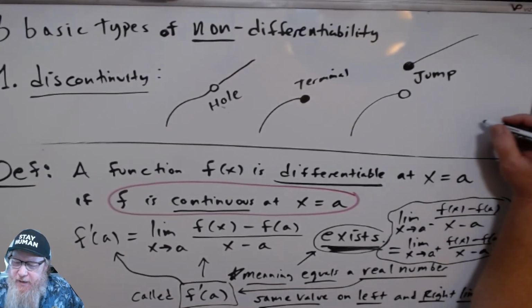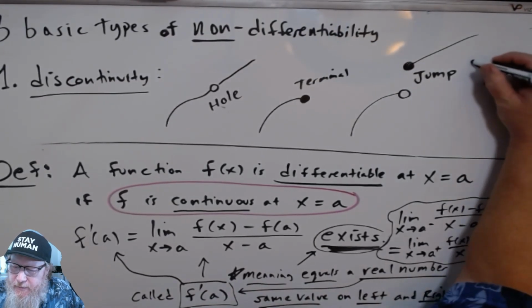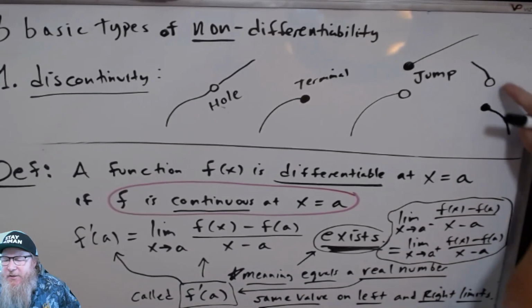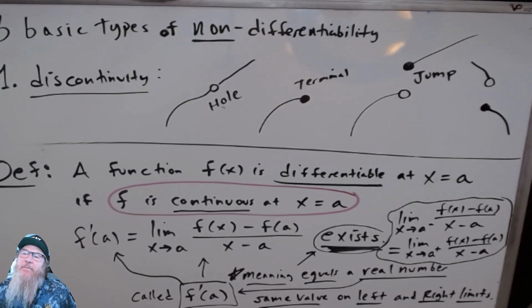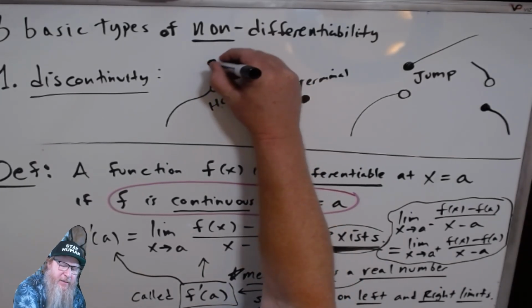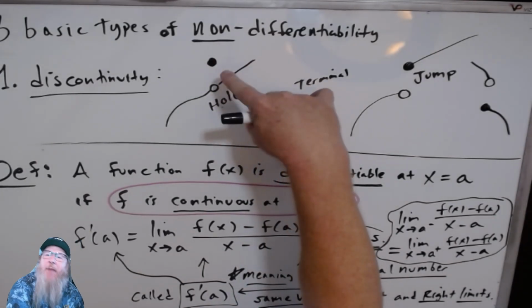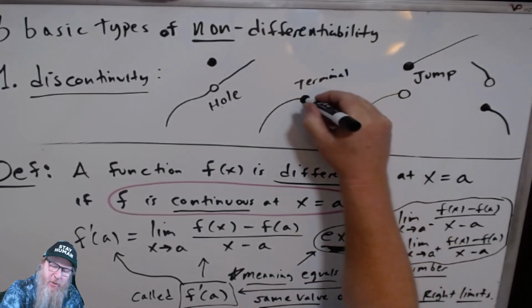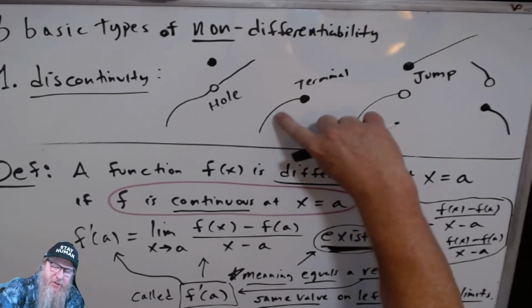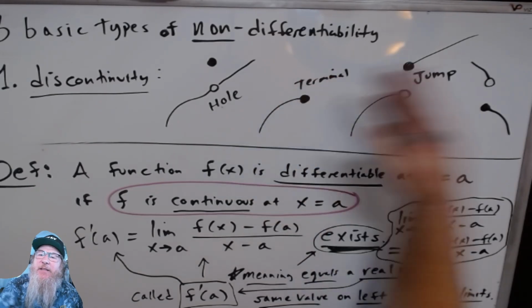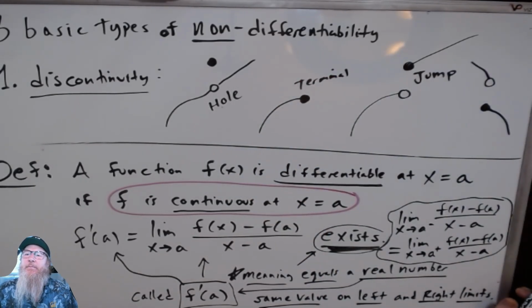The jump could go the other way as well. Something like that. That's also a jump discontinuity. And then the hole, it could have a point, but the point may not actually line up with the hole. With a terminal point, it's just as if the graph just goes up to a particular point and then dead ends. It does not continue past that point.